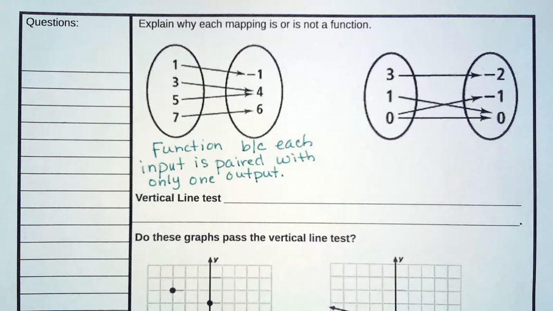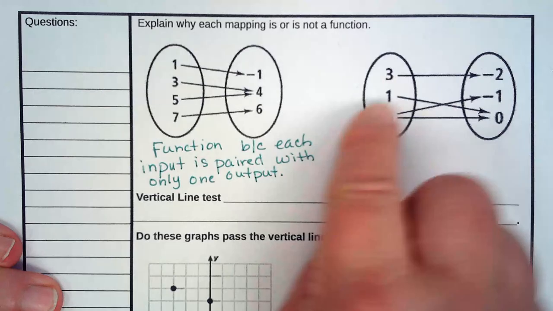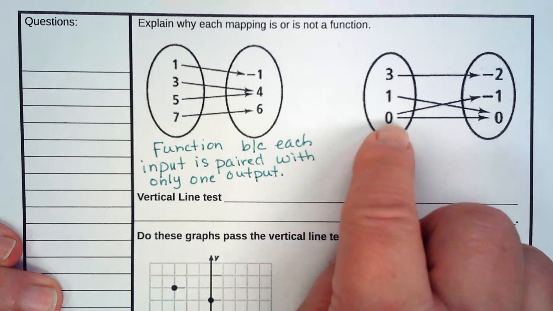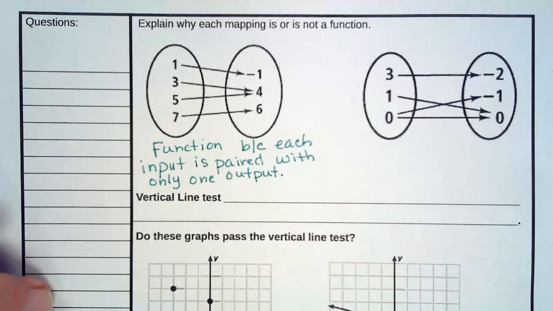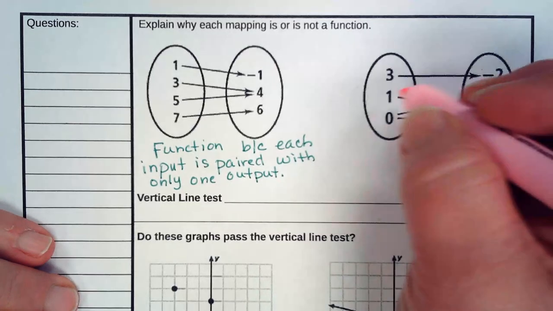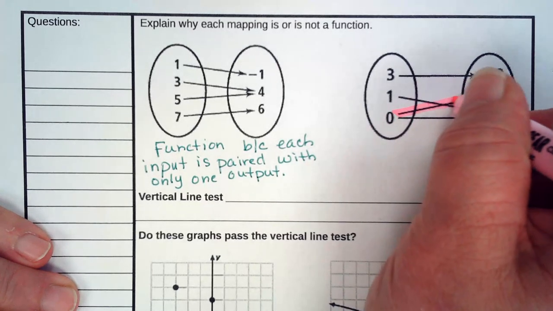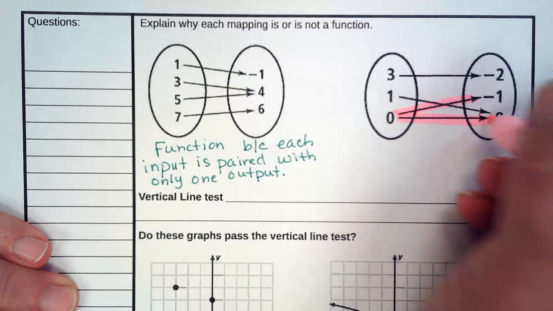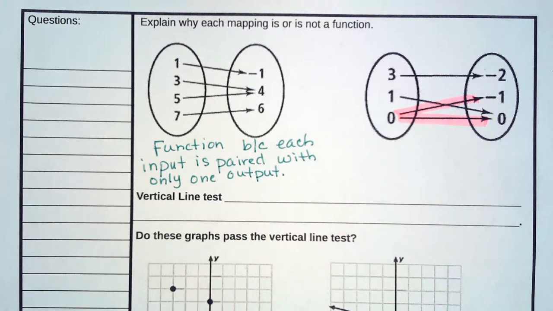Okay, let's look at the next one. We've got 3 goes to -2, 1 goes to 0, but 0 goes to -1 and 0. Because 0 is mapped to two different numbers, it is a relation instead of a function.